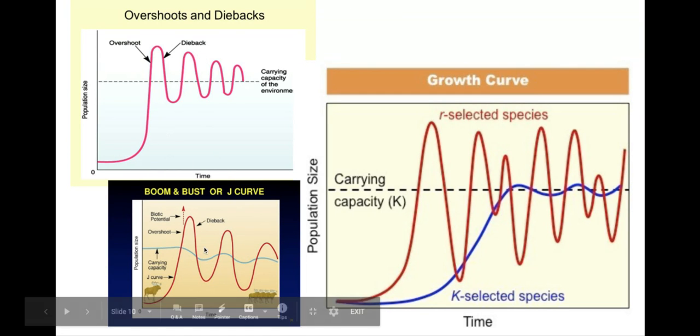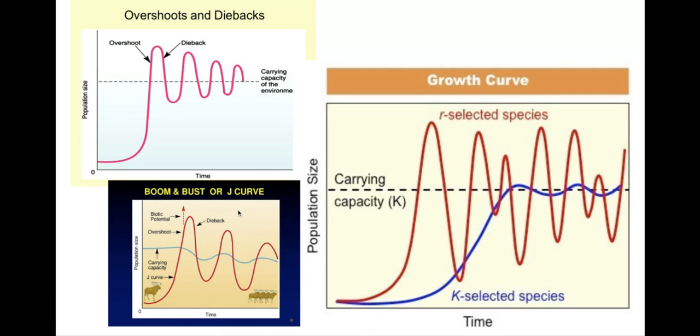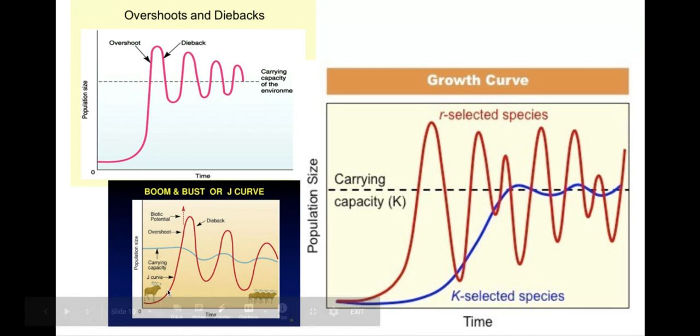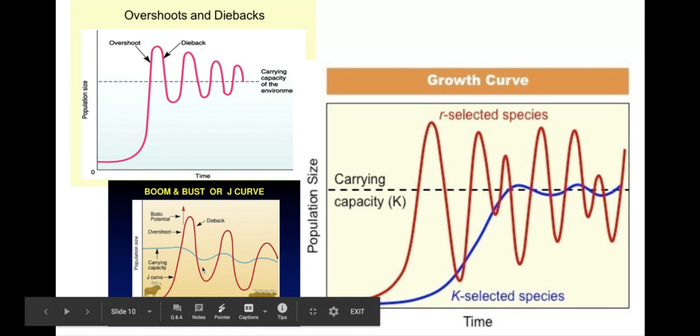Okay, so we're going to talk about booms and busts on a population, also known as the J-curve. But remember, in ideal conditions, the biotic potential will make any population grow in a J-curve, but that's not true. Most populations have this cycle of booms and busts during their lifetime, but in general, they reach this equilibrium.